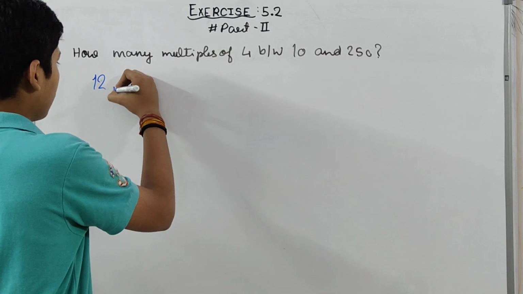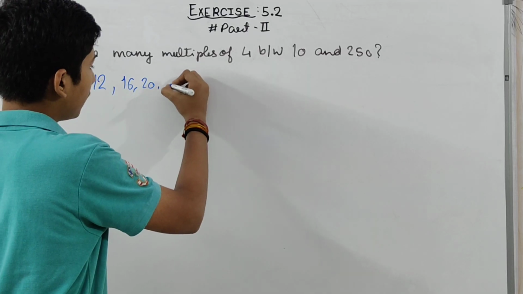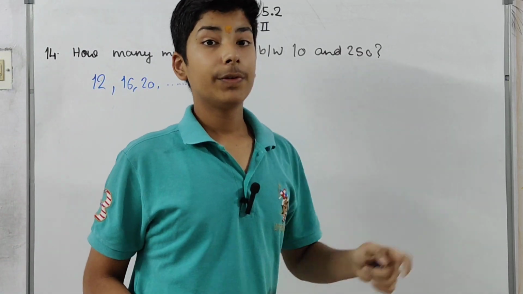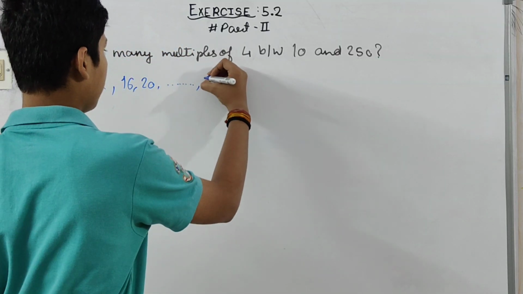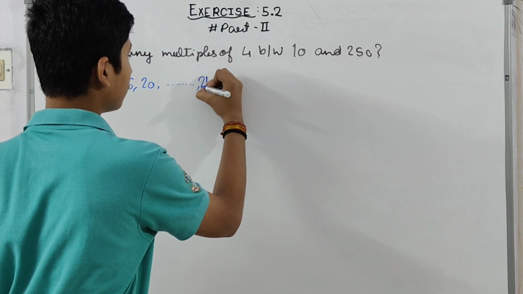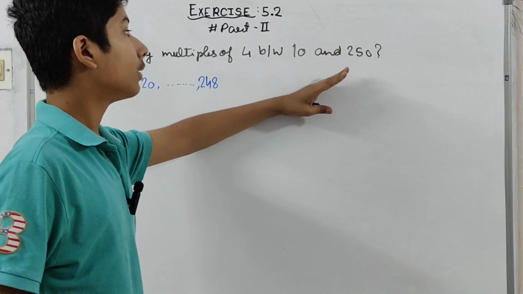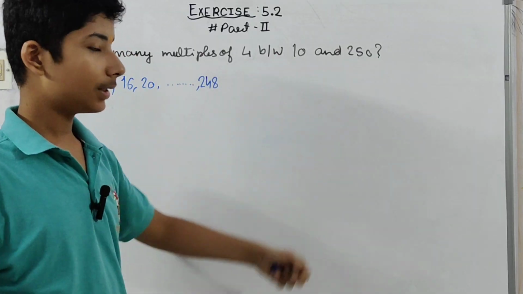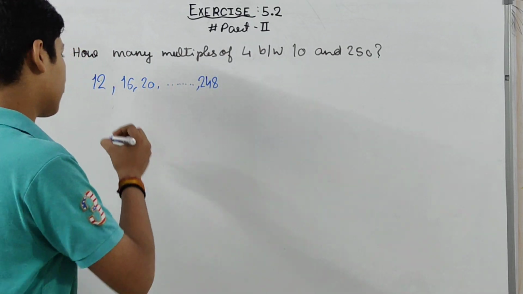Then 16, then 20, and so on, up to the term just below 250, which is 248. So the term just smaller than 250 that is a multiple of 4 is 248, and just greater than 10 it is 12. Now we start solving.